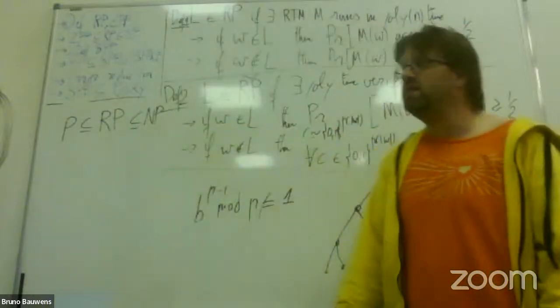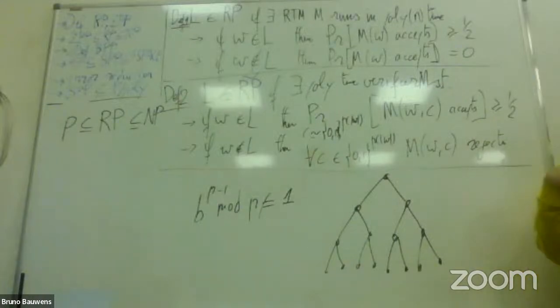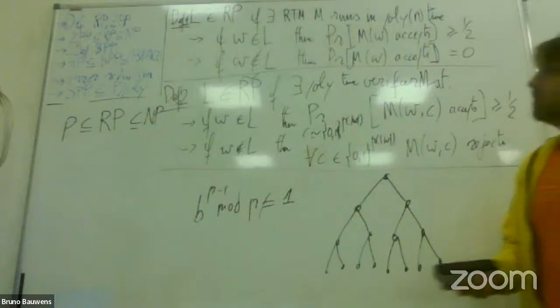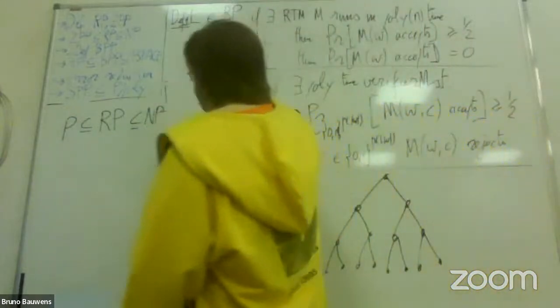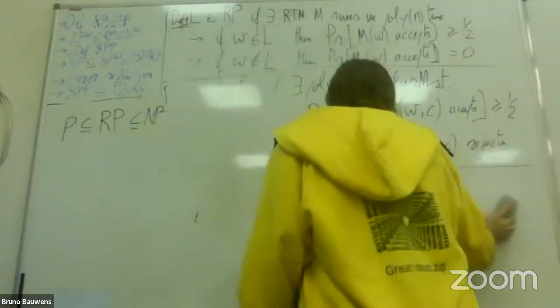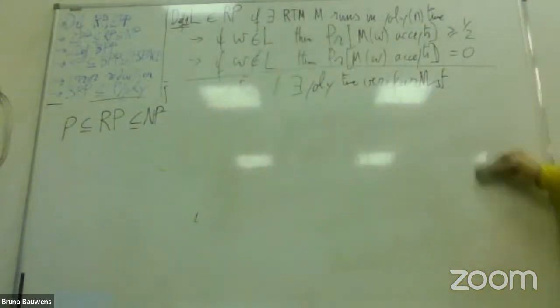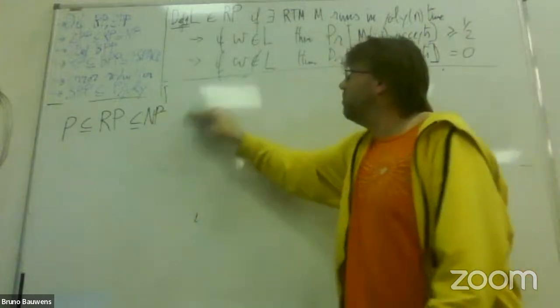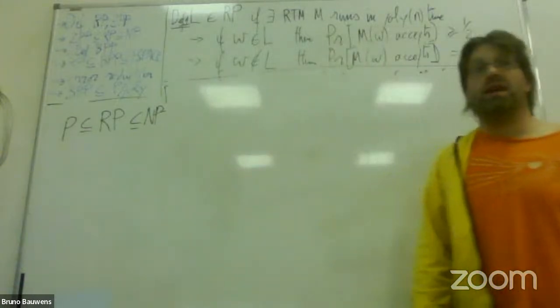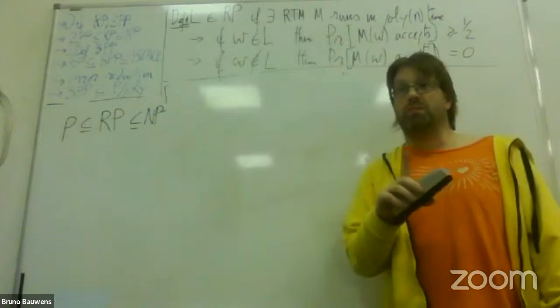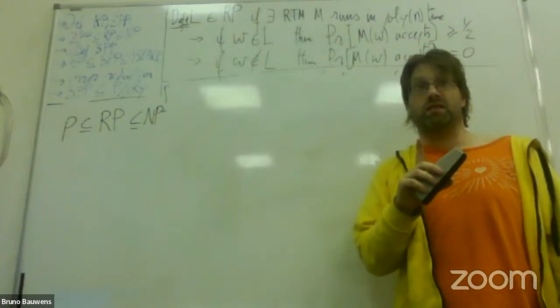Time for the next definition. The class ZPP means zero-error probabilistic polynomial time. It's a machine that may compute for longer than polynomial time, but when it stops, it must output the correct answer.